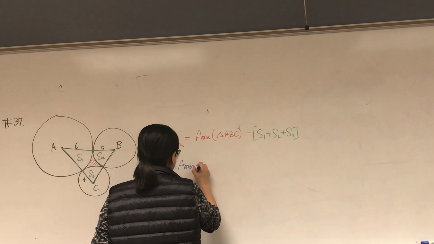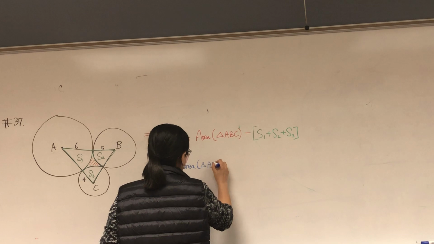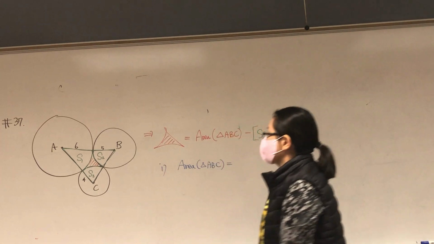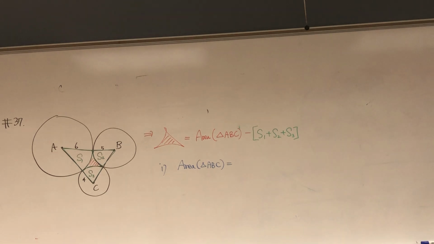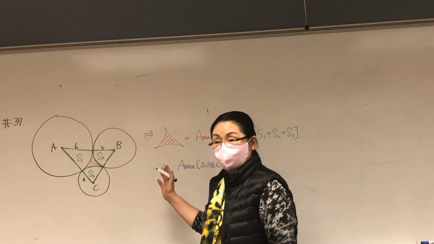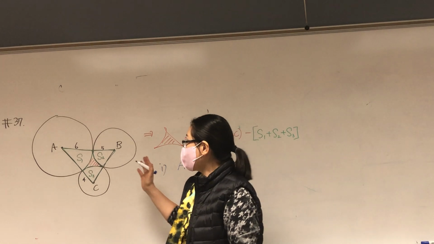Area of ABC, how do you measure? What information do you have to use? Heron's formula. So what's each side? What is the length of AB?